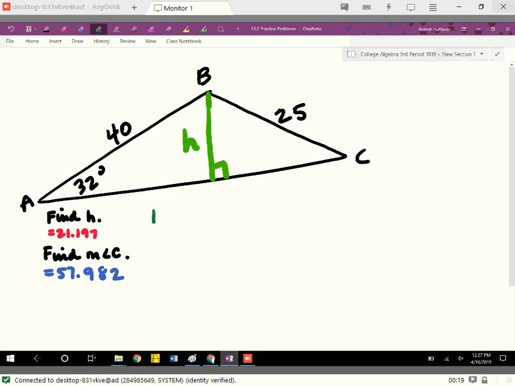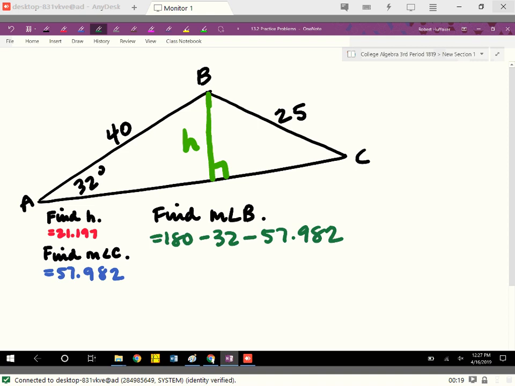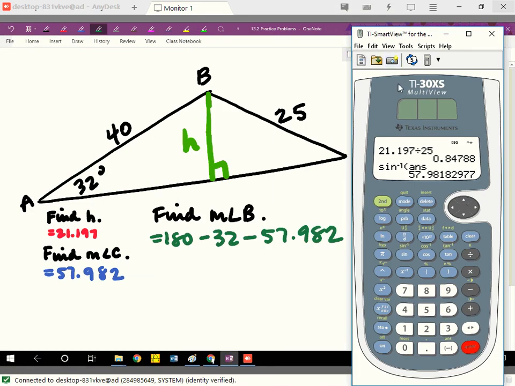Find the measure of angle B, and that's going to equal 180 minus 32 minus 57.982. Now you go in and use the calculator for this as well. 180 minus 32 minus 57.982 is 90.018.